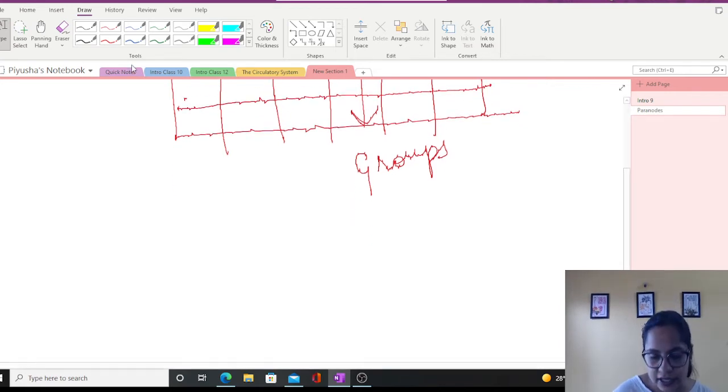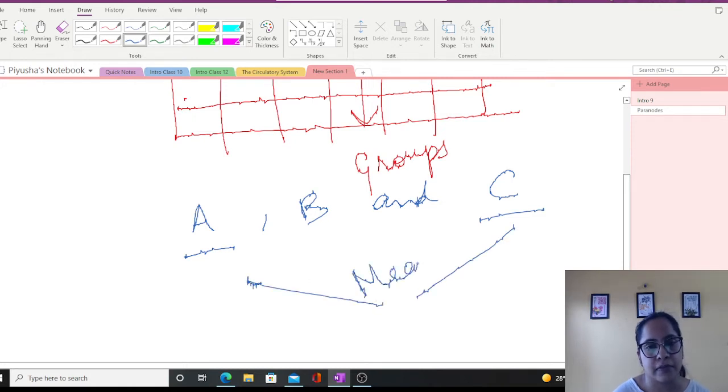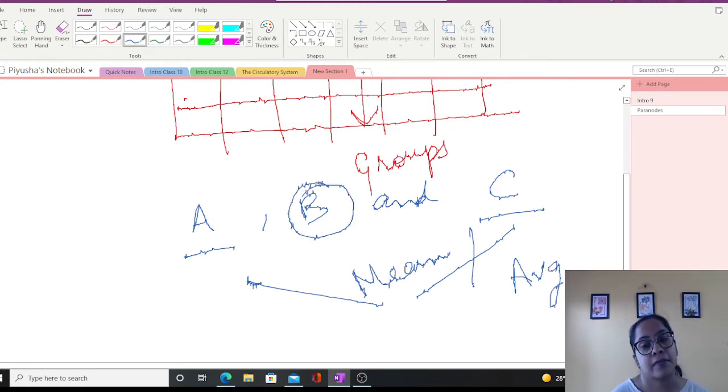Let's say there are 3 elements A, B and C. तो उन्होंने क्या बोला कि A का एटॉमिक मास और C के एटॉमिक मास का जो अरिथमेटिक मीन, और we call it as average, जो एवरेज होगा वो B के एटॉमिक मास के बराबर होगा. That's what he said. Fine.